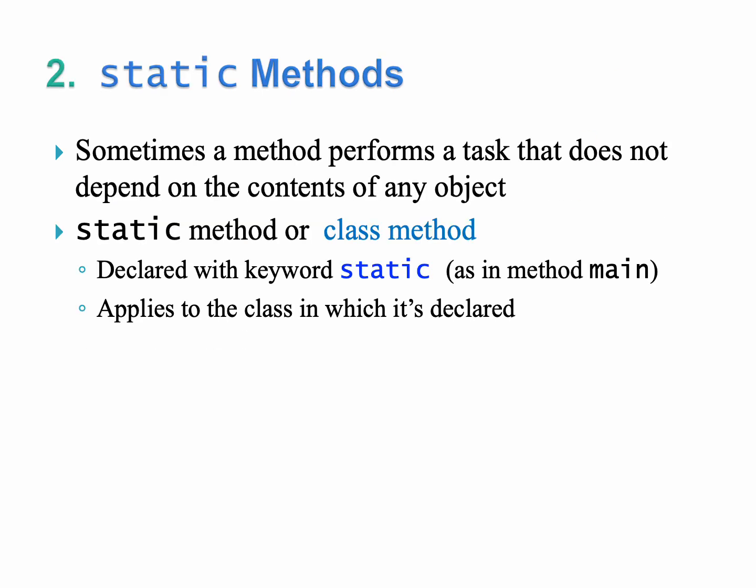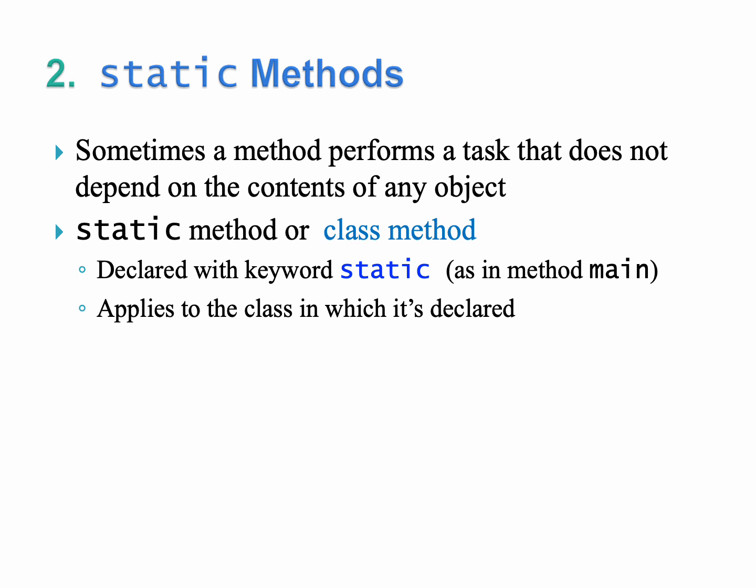In Java, methods are defined as members of a class and are normally called on specific objects of that class, because the tasks performed by the method usually depend on the content of the object. But sometimes a method performs a task that does not depend on the contents of any object. Such a method can be defined as a static method or class method.